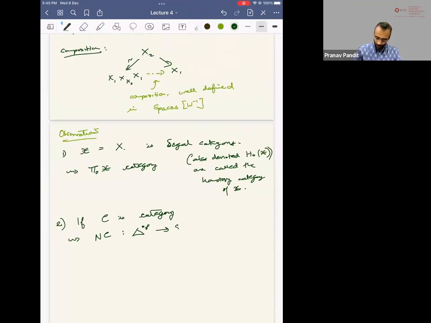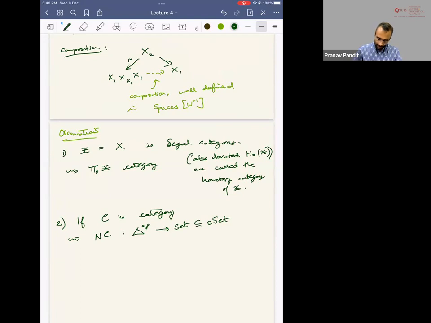But every set can be thought of as a discrete simplicial set, a constant simplicial set, where at every n you have the same set X naught. So I can think of this as a functor from delta op to simplicial sets.